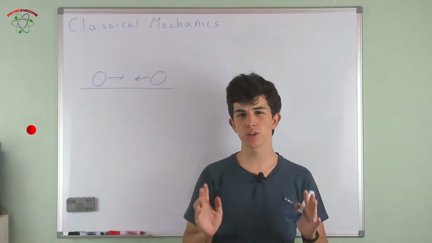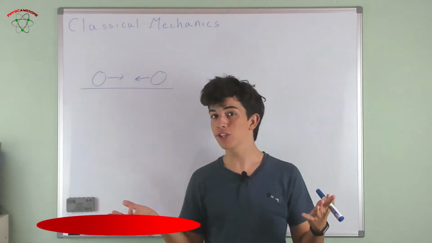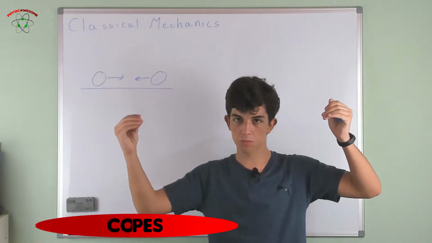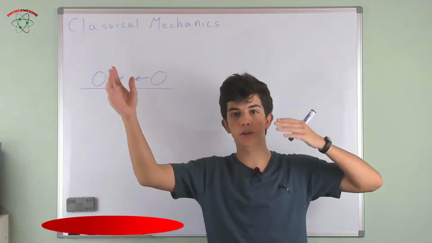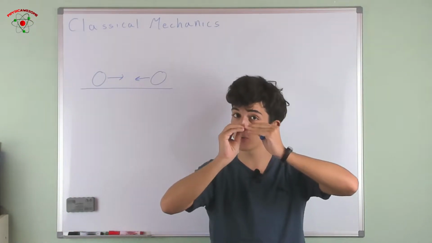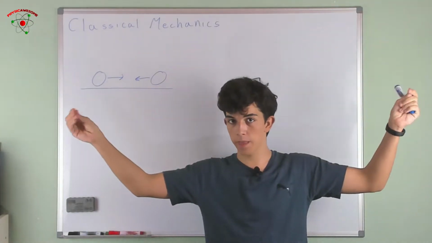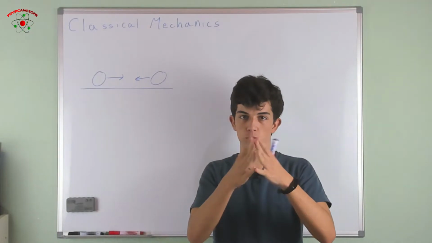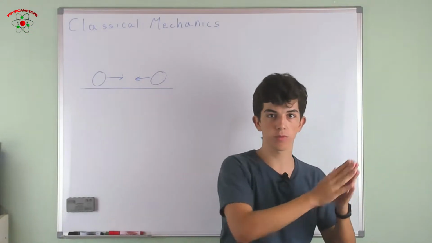Right, let's start talking about collisions. A collision in physics is a situation in which two objects face each other in different directions and then they collide, and after that they go each their own way or they remain together, moving with each other.